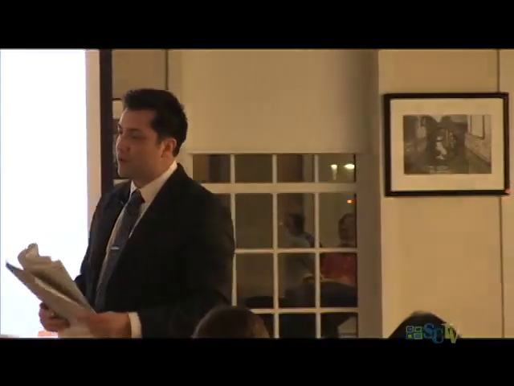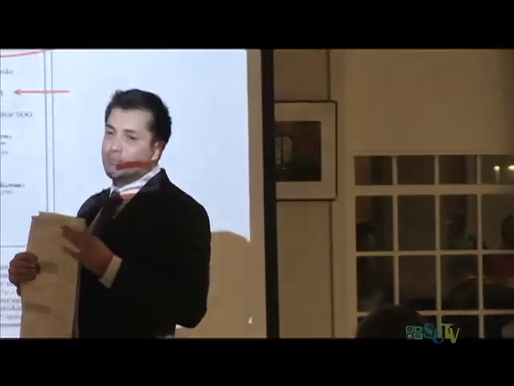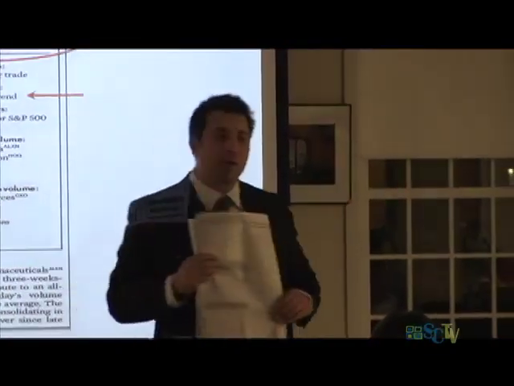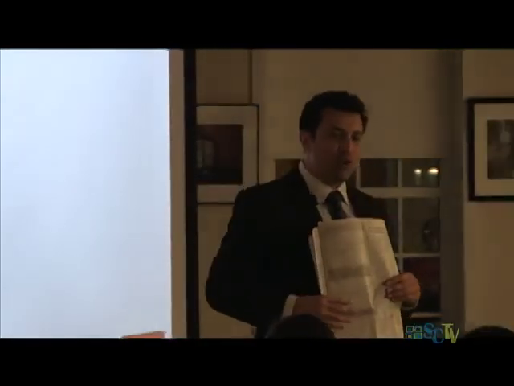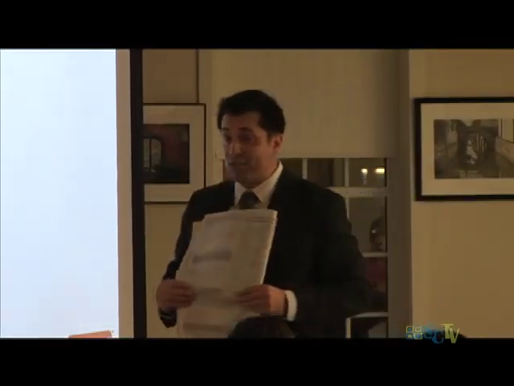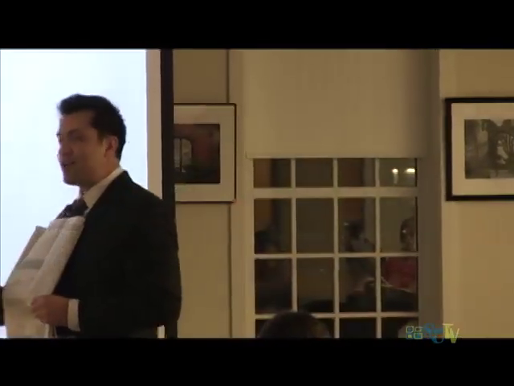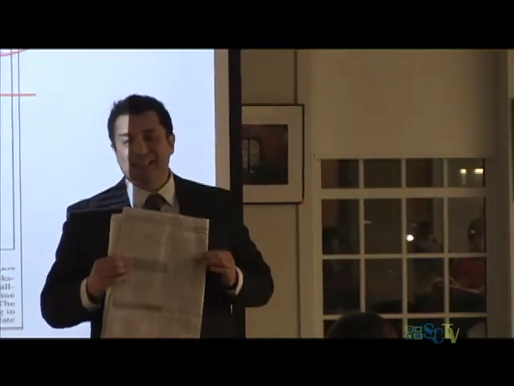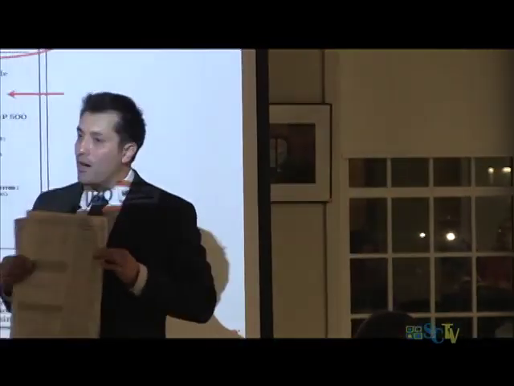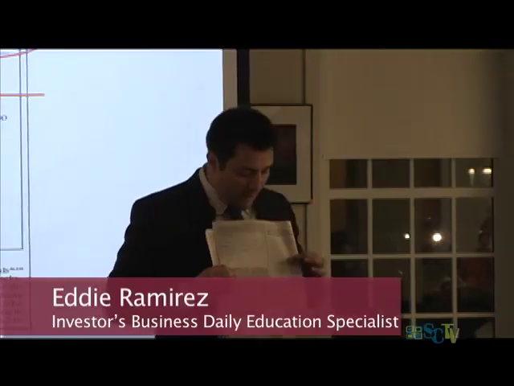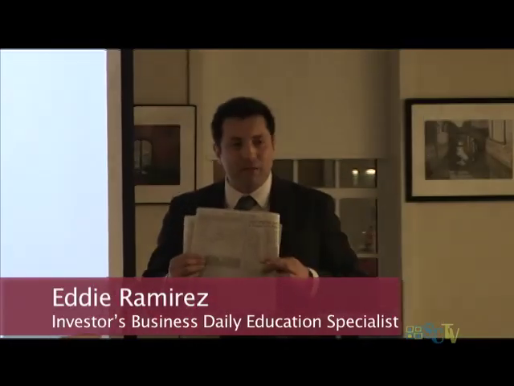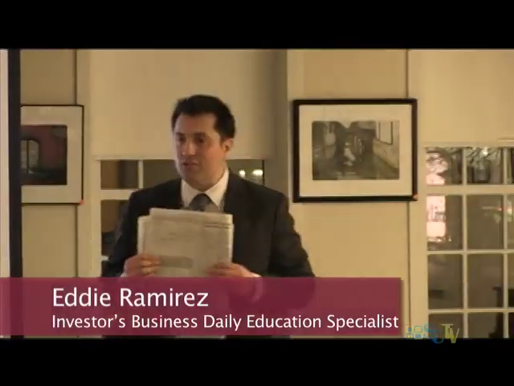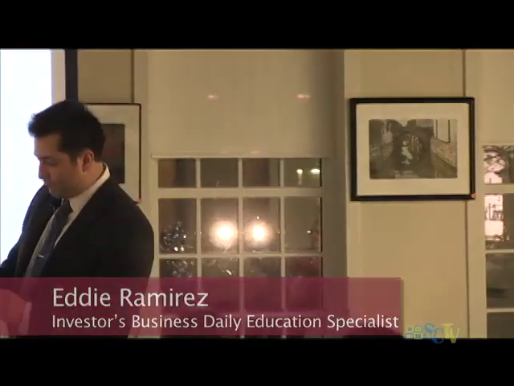In fact, I would argue this is probably the most important page in the entire paper, because no matter how you trade, whether you're trading CANSLIM or some other methodology, being in tune with the market applies to everybody. This page tells you the current direction of the market, the current outlook. Where do we find that?